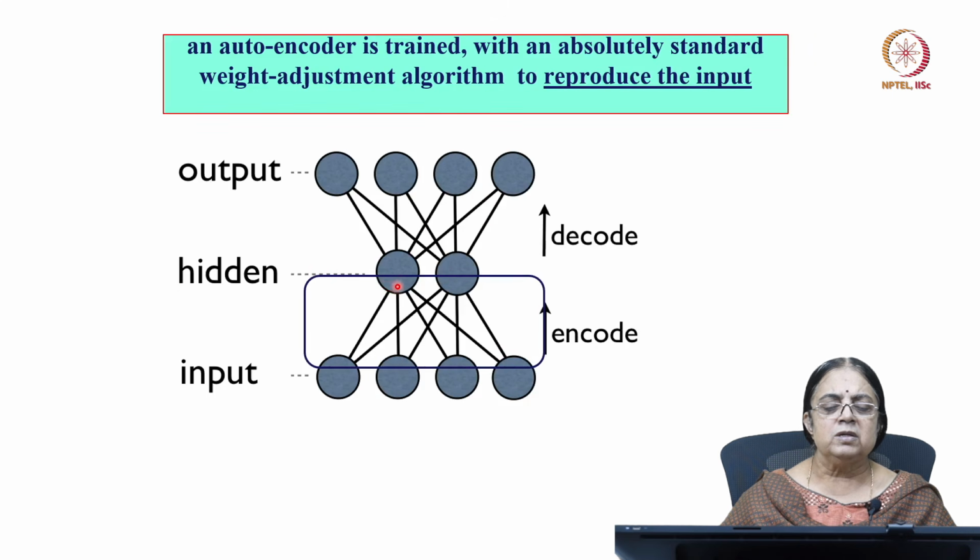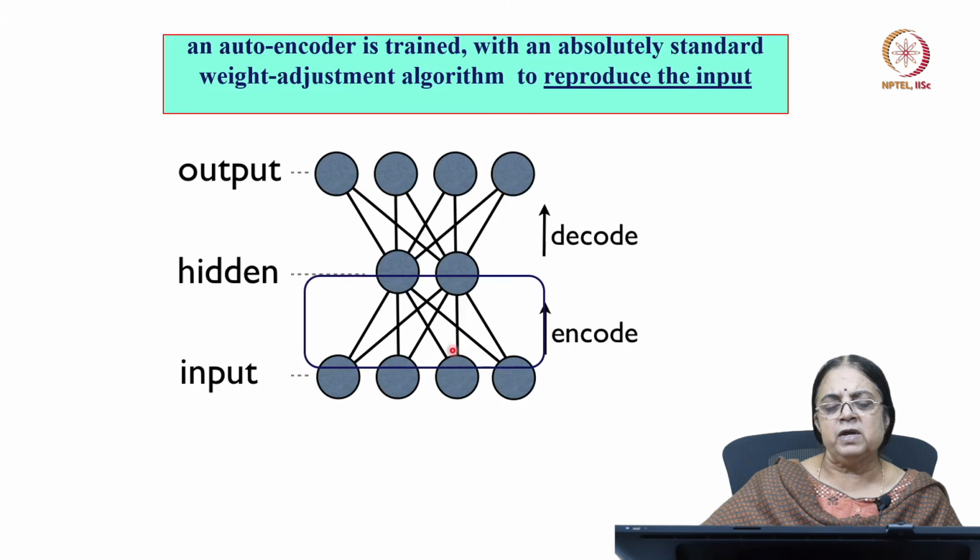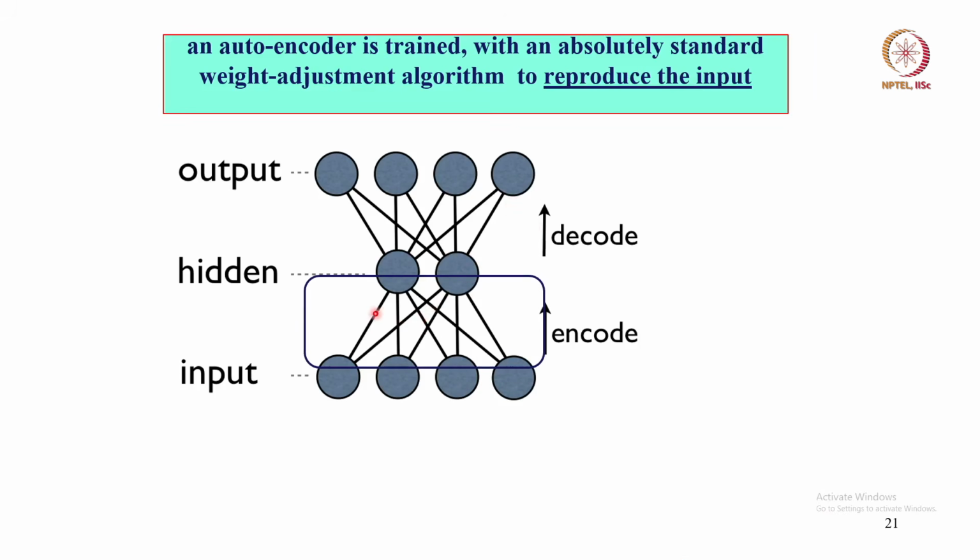If you take a smaller number of nodes in the hidden layer and you train this as a neural network, keeping the output the same as the input, you will get the hidden layer containing the information in a concise way. Whatever was in the input, the same information you are putting in the output. So it is used like an autoencoder.